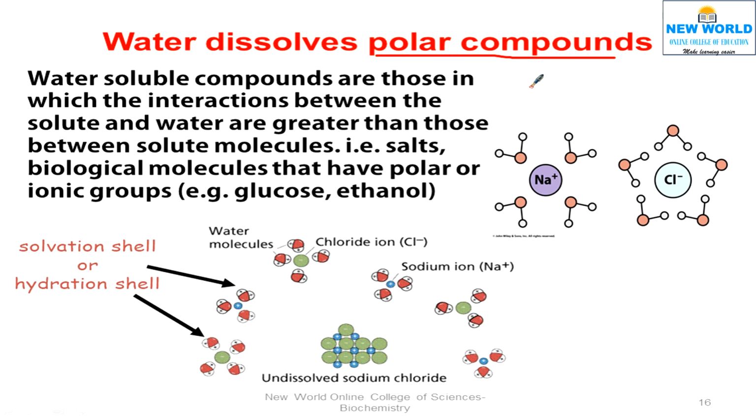Water-soluble compounds are those for which the interactions between the solute and water are greater than those between solute molecules. Now if you have sodium chloride, the solute molecules are sodium and chlorine. The interaction between these solutes and water is greater than the one between the solute molecules themselves.